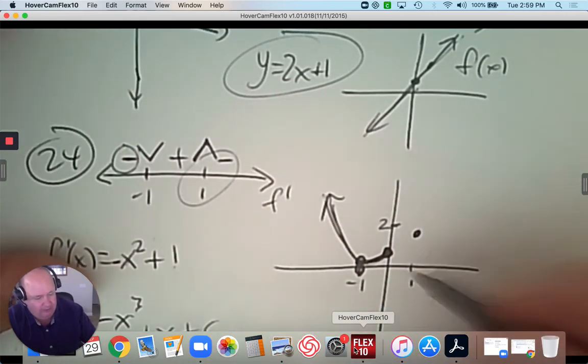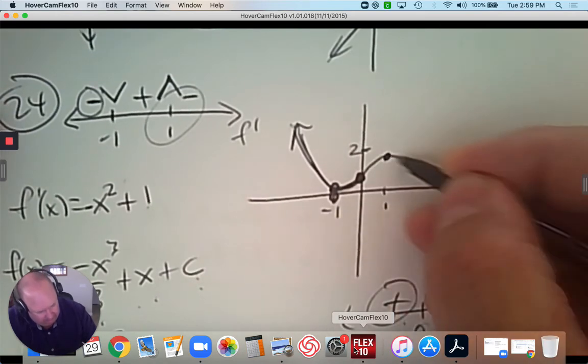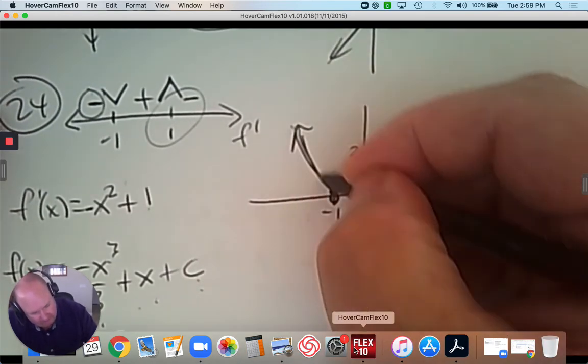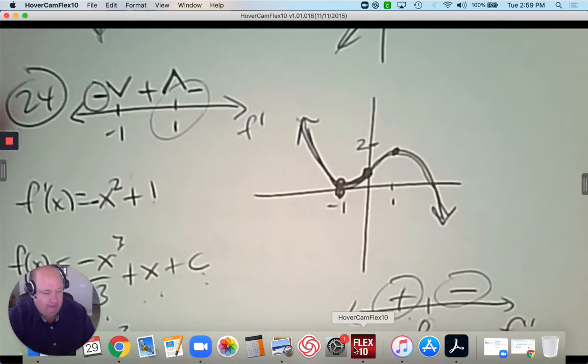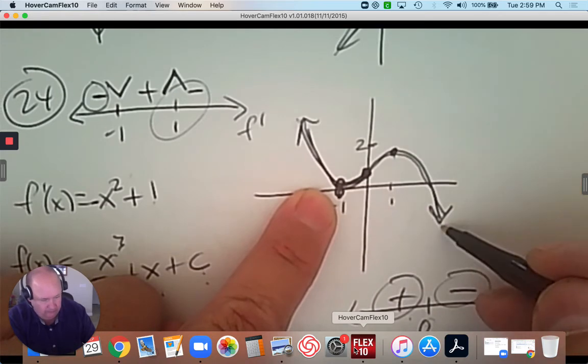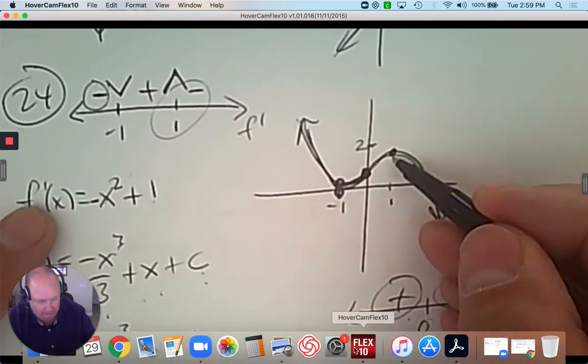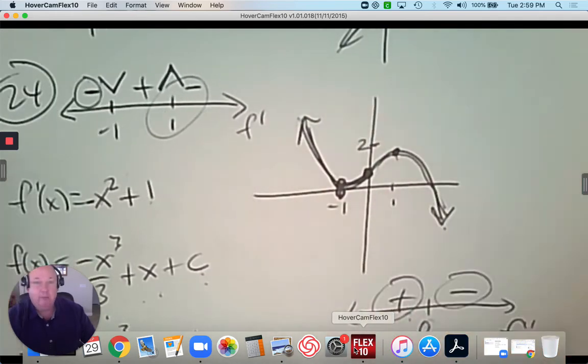After 0, it's going to frown, and then put all the pieces together. So it decreases, then it increases, then it decreases. So we have our minimum and our maximums correct. It smiles, and then it frowns, and we have our concavity correct, and we put it together.